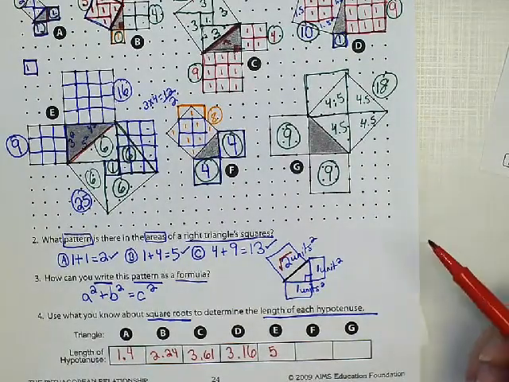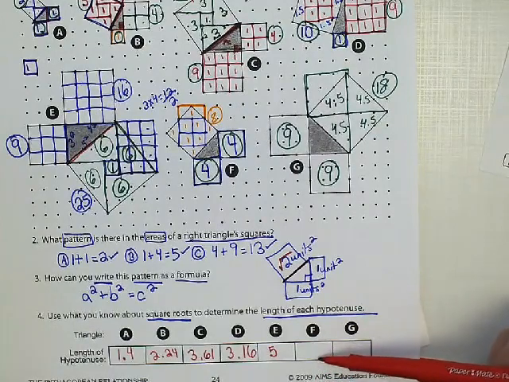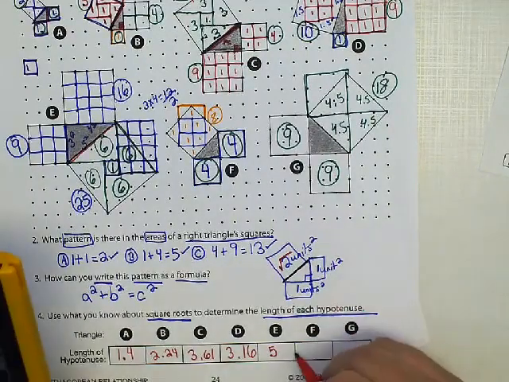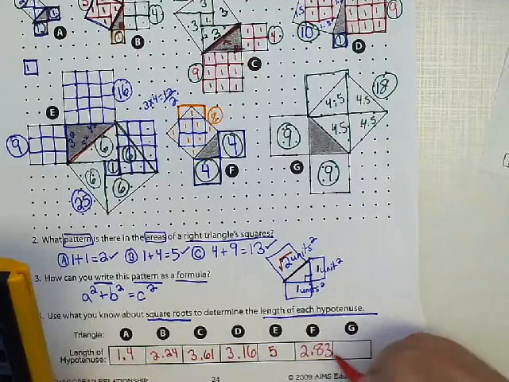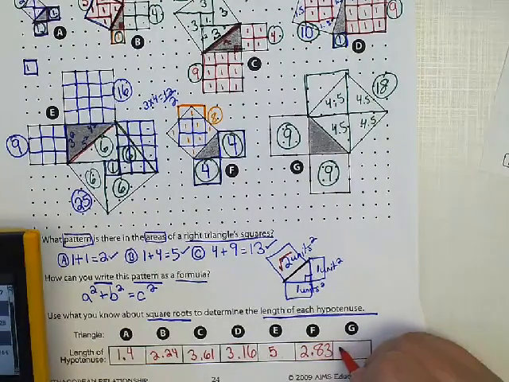Okay, F, what did you get for the length of the hypotenuse for F? You should have got 2.83, and then for G, you should have got the square root of 18, and you should have got 4.25.